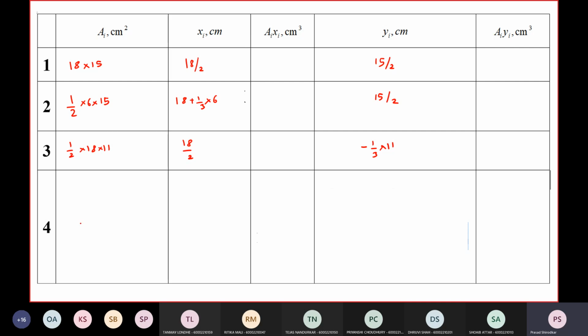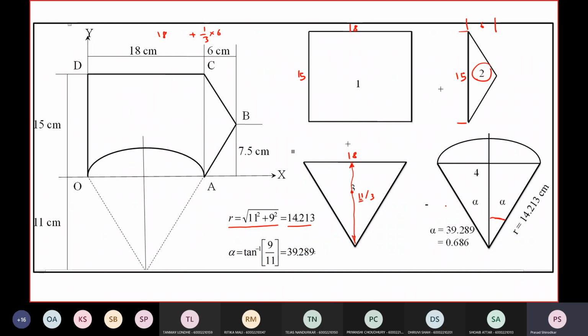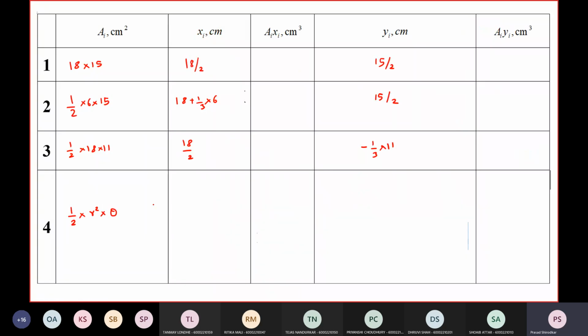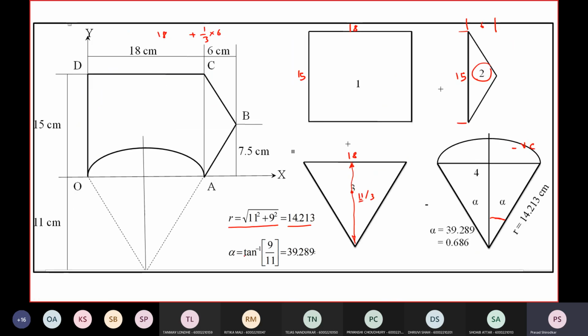Fourth area is half r square theta, that is the area of the sector of the circle. And since this is to be subtracted, this is taken as negative. So this will be minus, and that is equal to minus half of r, which we have calculated already, 14.213 square, and theta is tan inverse of 9 by 11, and that you have to convert into radians, times pi by 180.